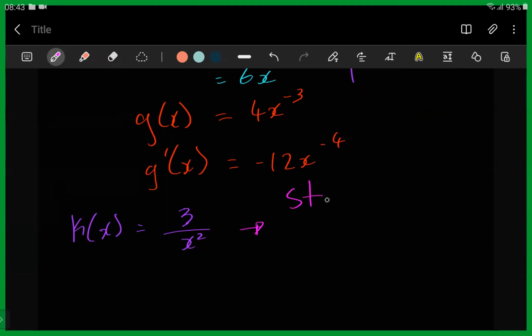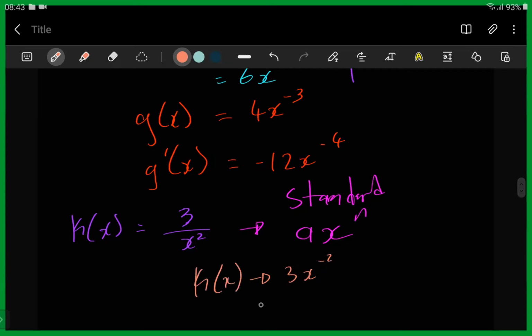With standard form, it means that you need to have a clear coefficient, a specific base, and a specific exponent. So from something like this, you would need to take the x squared up, meaning you would have 3x to the power of negative 2. This is not differentiated. It's still the same equation. You have just written it in a different format.